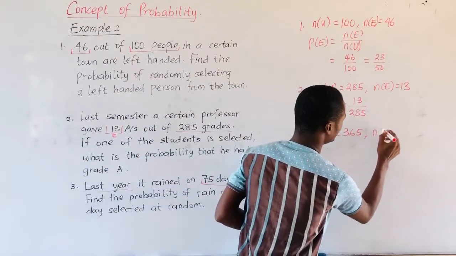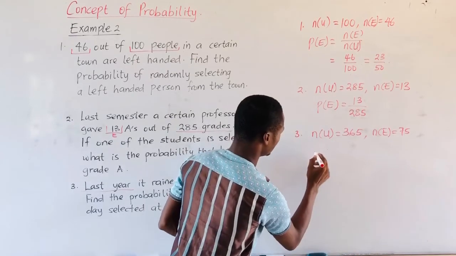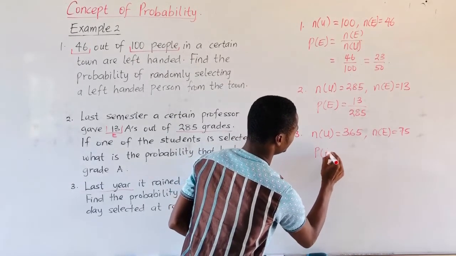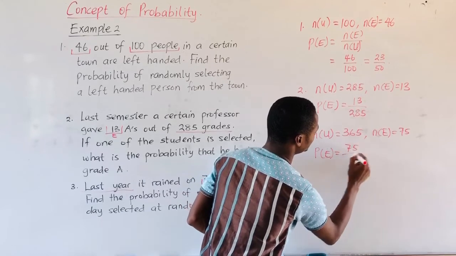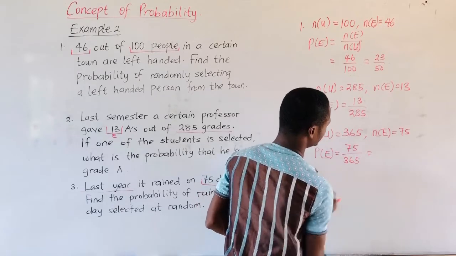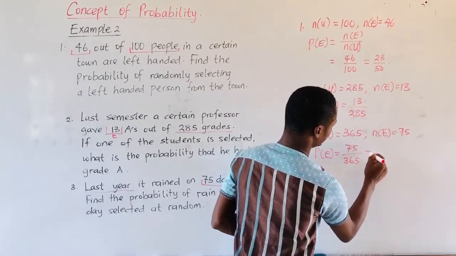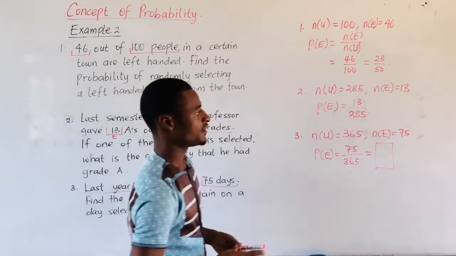So the number of elements in the event is 75. Then our probability will be equal to the number of elements in the event over the number of elements in the sample space. We break this down to the simplest form, and that gives us our probability.